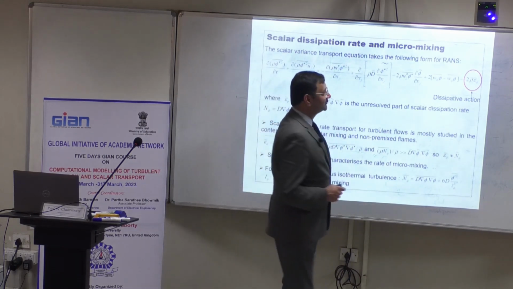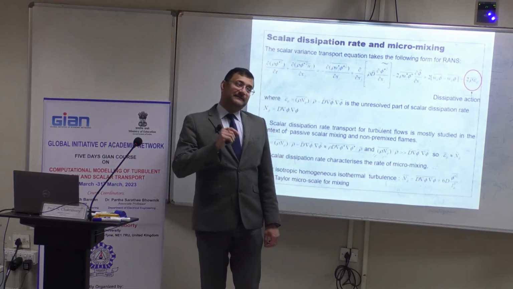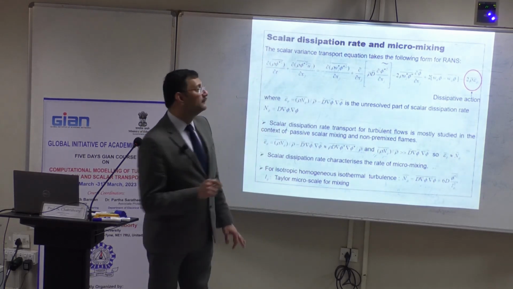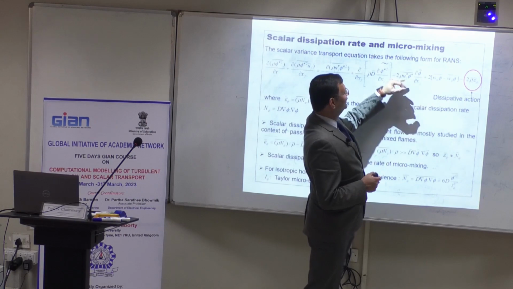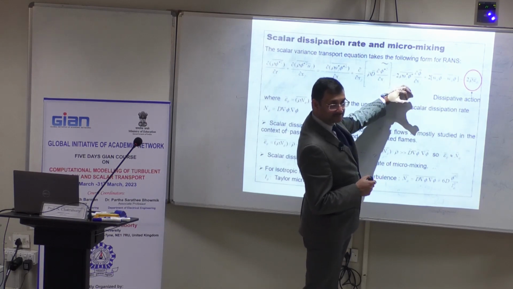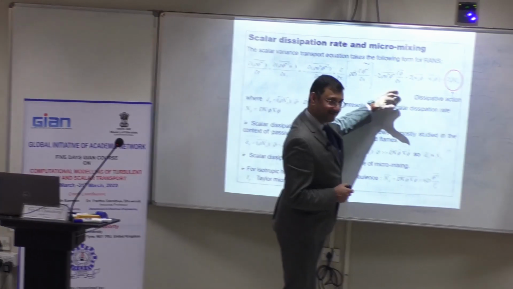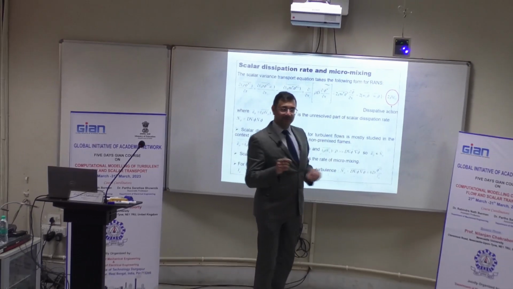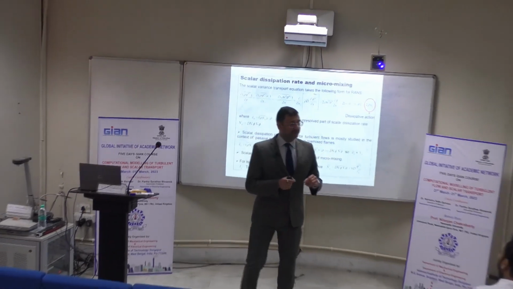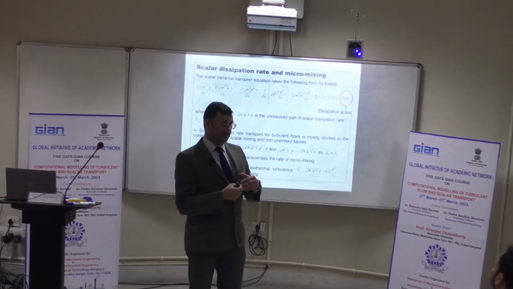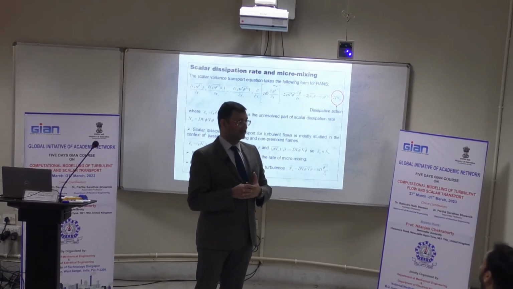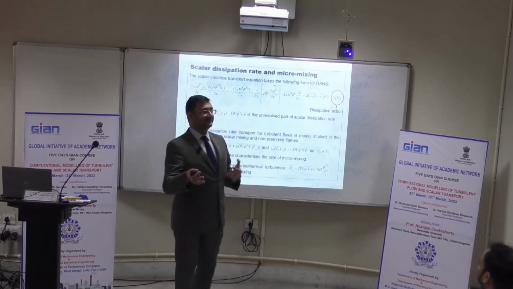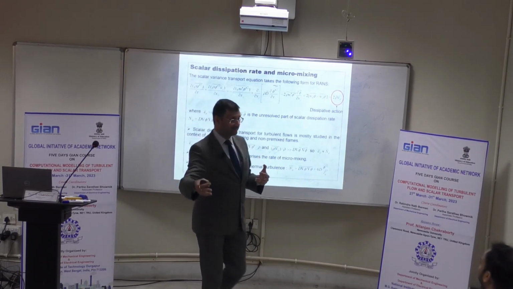But I'll explain later. If you have gradient type transport, this one generates. If you have counter-gradient transport, we talked about counter-gradient behavior yesterday when we were talking about the Reynolds stress. It can happen when heat release effects dominate over turbulence effects.